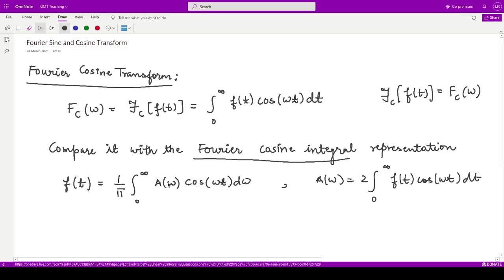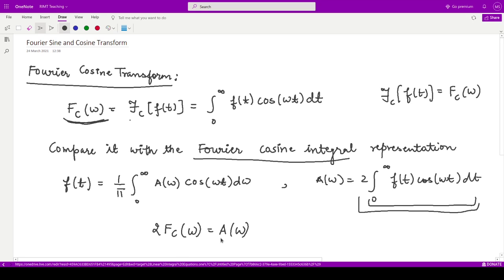From here you get 2 Fc omega is equal to A omega. How? Because A omega is this quantity, and this quantity is nothing but Fc omega.